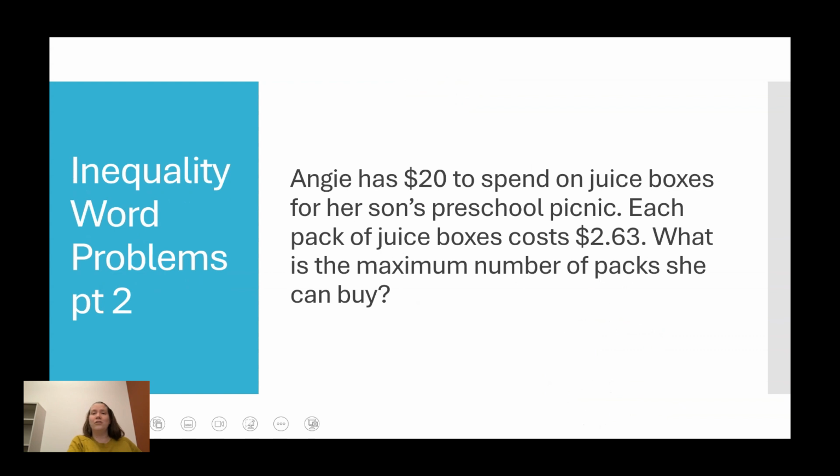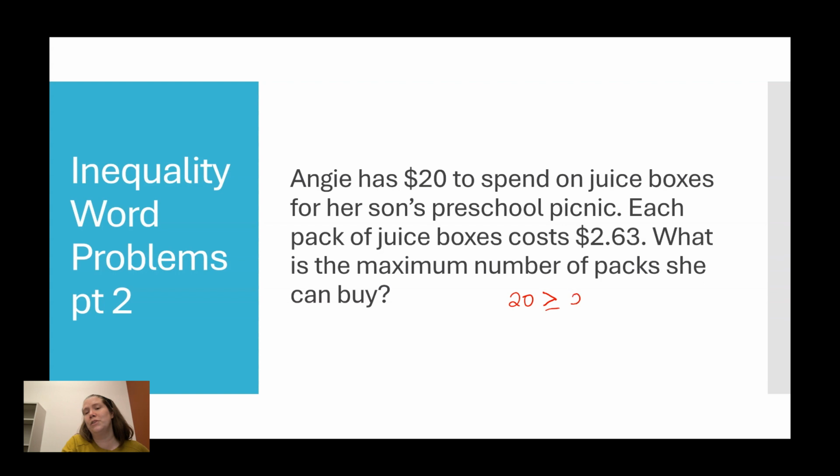Angie has $20 to spend on juice boxes for her son's preschool picnic. Each pack of boxes costs $2.63. How many packs can she get? So she has $20. That's the cap. She has no more than $20. That is the highest amount, right? That's the bigger number.